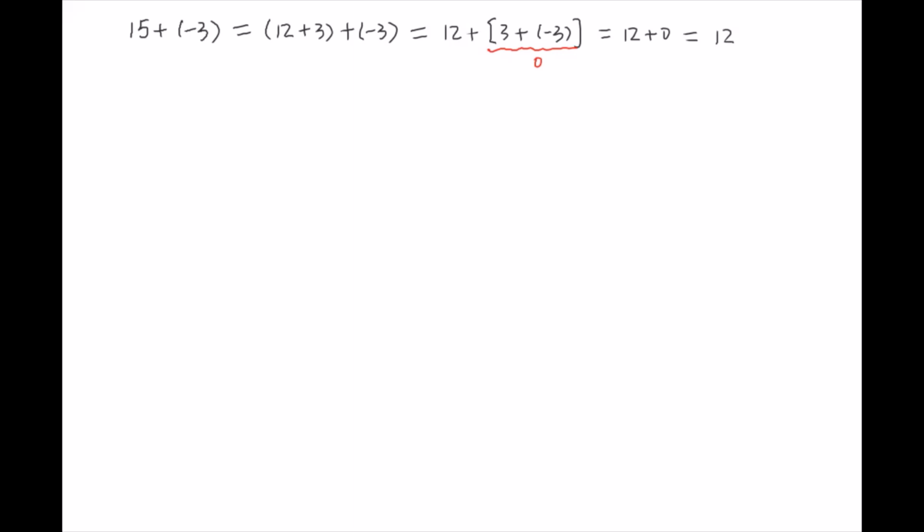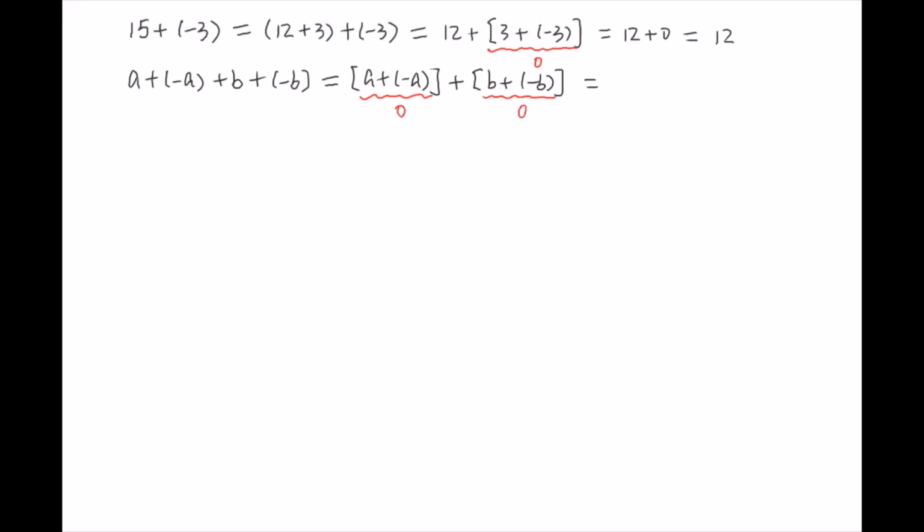One more example. a plus negative a plus b plus negative b. If we calculate a plus negative a and b plus negative b, a plus negative a we can use the property of opposites. This is 0. Similarly here, this is 0.